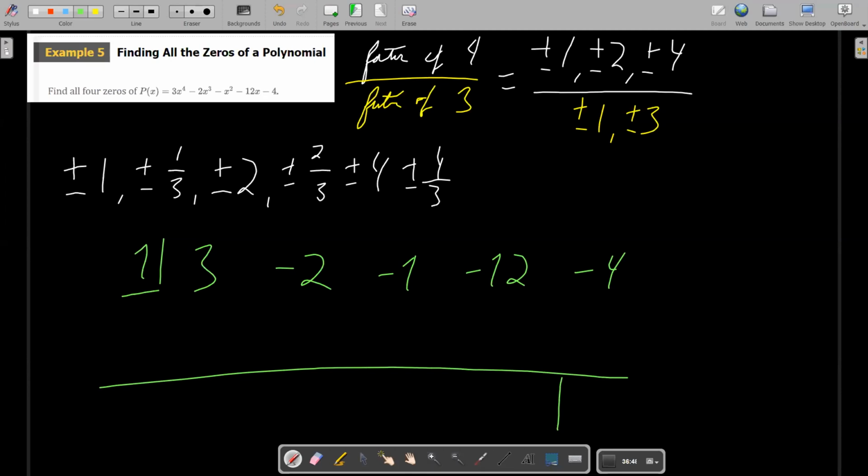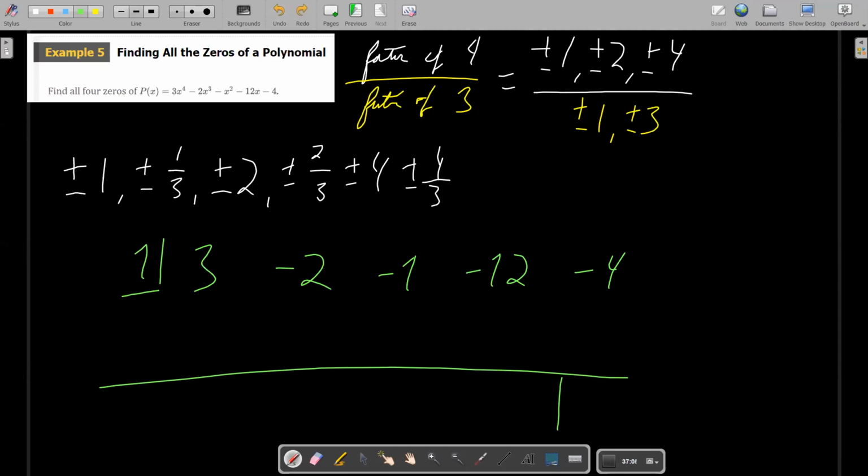There we go. Bring that 3 down. 3 times 1 is 3. So we have positive 1, 1, 0, 0, -12, -12. Okay, so we know 1 does not work.